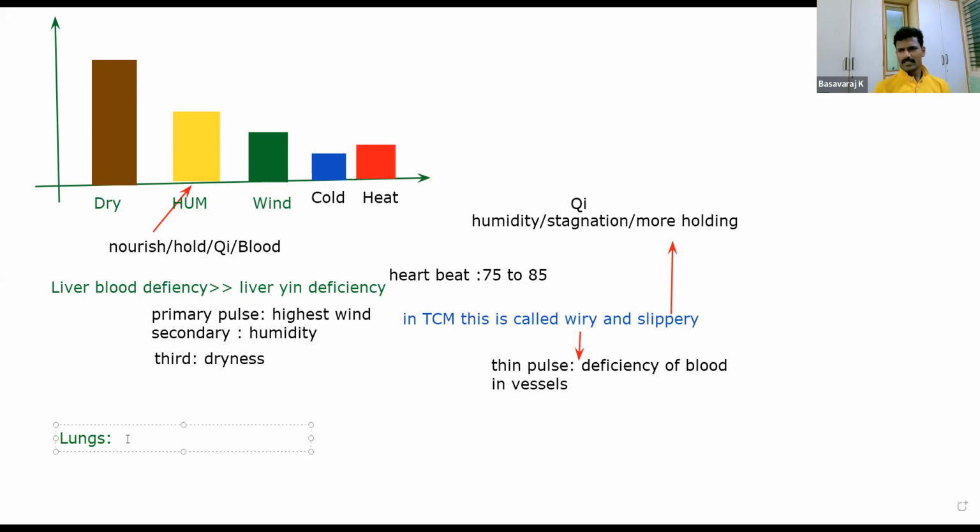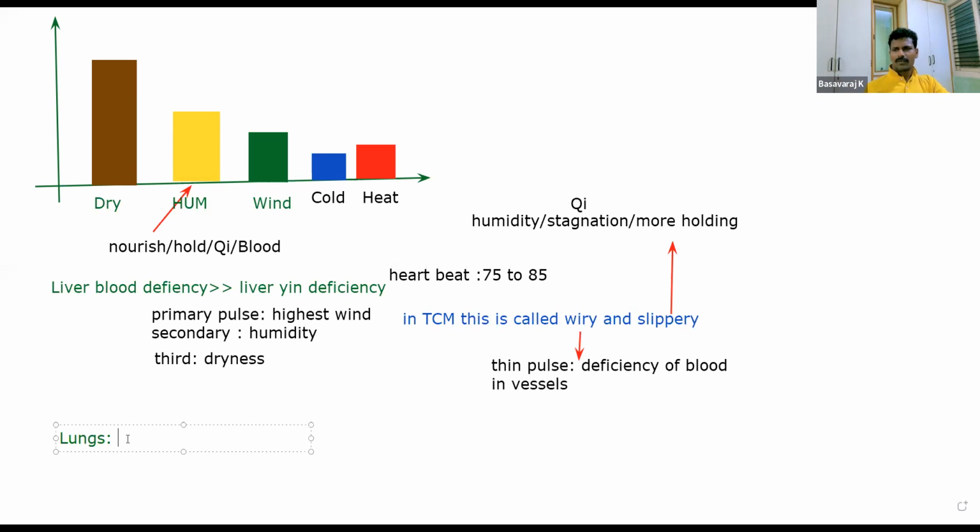The lungs receive the food chi from the spleen, and from the breathing they receive air. Together, it forms the chi energy for the body, which is responsible for immunity, for defending the body, and at the same time for nourishing the body.